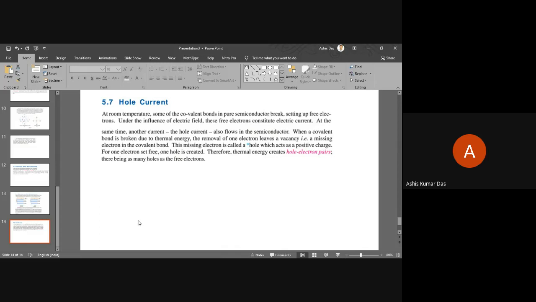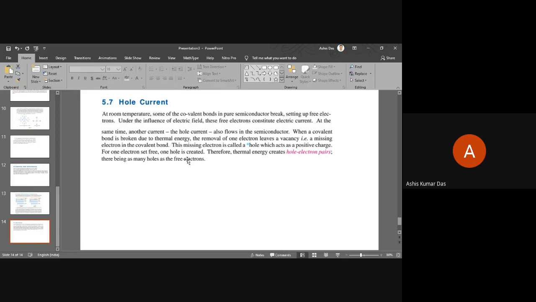That means for one electron set free, one hole is created. Are you getting my point? If one free electron is there, then it will produce one hole. Therefore thermal energy creates electron-hole pairs, and there are as many holes as free electrons.